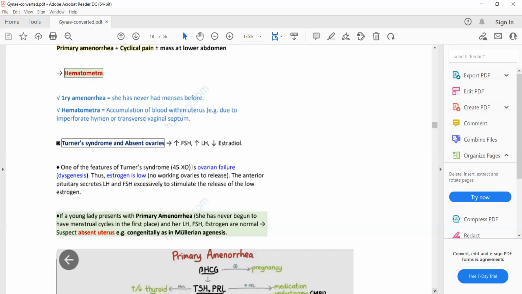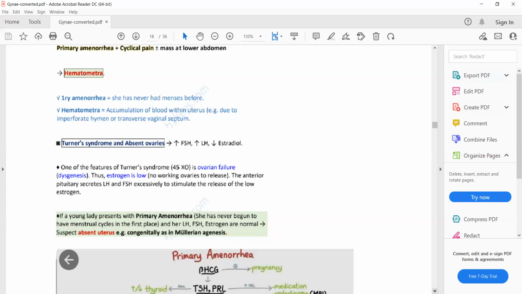That's right. So high androgen can lead to menstrual irregularities and hair growth in females. And the third thing that high androgen can cause is acne. So acne, hirsutism, and menstrual irregularities.